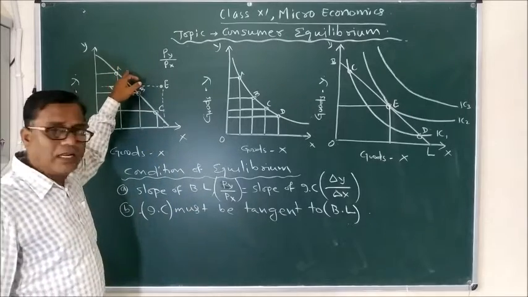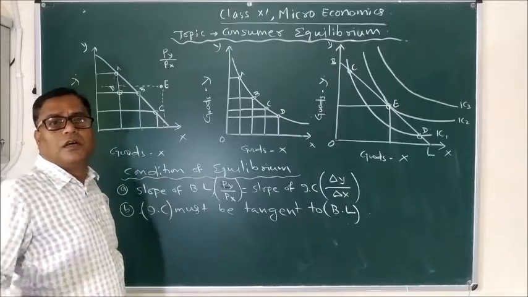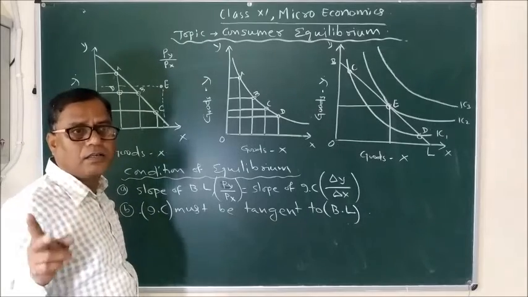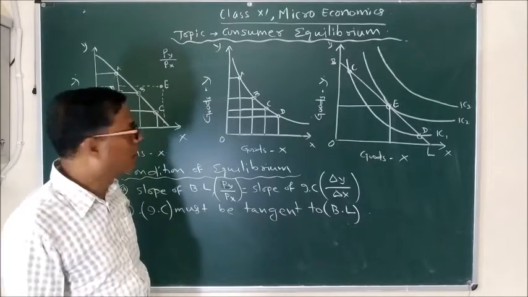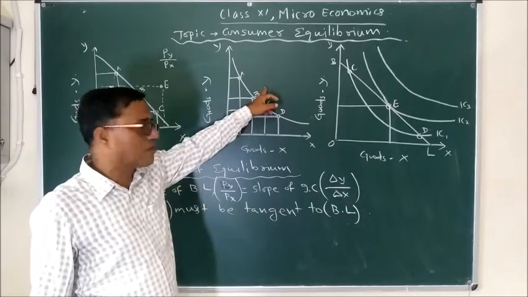So a budget line is nothing but the price ratio of the two goods X and Y that our consumer is consuming. Now come to our indifference curve.